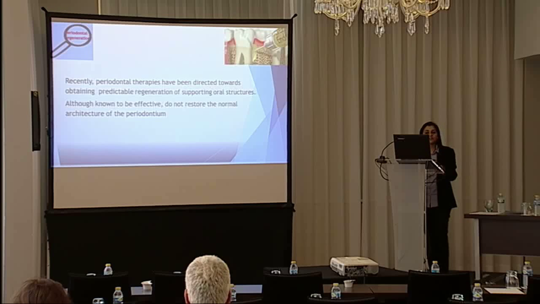Recently, periodontal therapies are focused towards obtaining predictable periodontal regeneration. Although known to be effective, the limitation is that it does not restore the normal architecture of the lost periodontium.